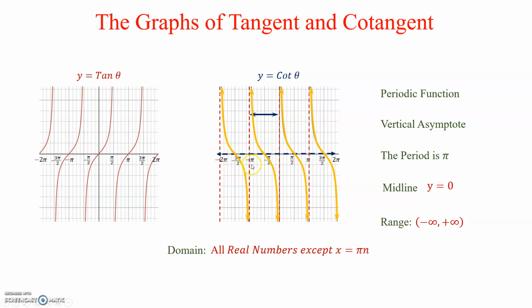Negative 2 pi, negative 1 pi, 0 pi, 1 pi. And so here I'm taking pi and multiplying it by some number n. And that number n has to be an integer. Negative 2 is an integer. Negative 1, integer. 0, integer. So there's our distinguishing characteristics with tangent and cotangent.